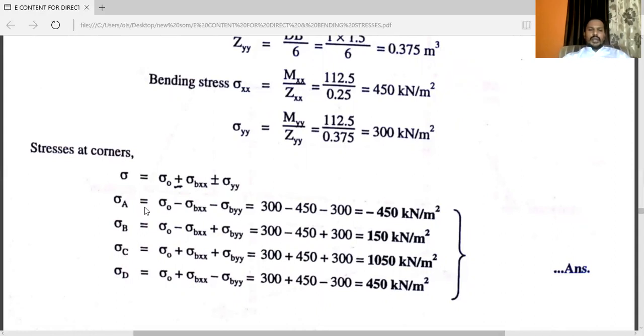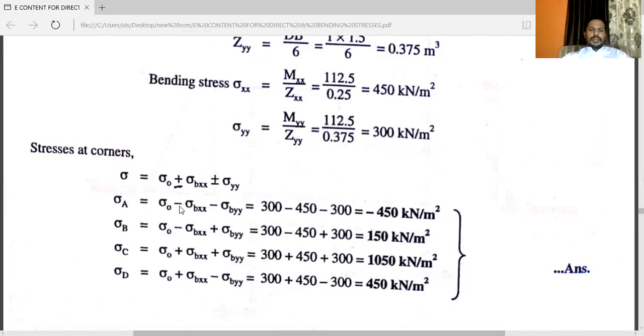First of all, write direct stresses, sigma naught for A, B, C, and D. Similarly sigma bxx for each, and again for yy, sigma byy for A, B, C, and D.